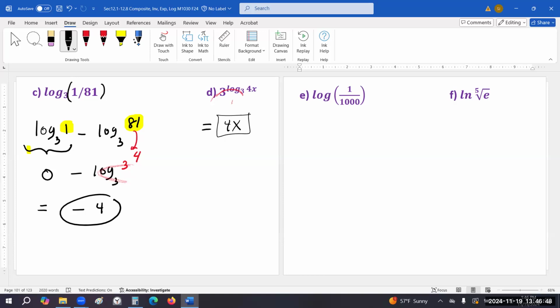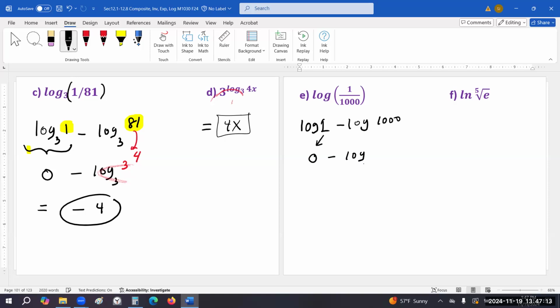So this first one, you can do 2 ways. If you want to follow the left one, it's log 1 minus log 1000. Just like the previous one, your idea is to split them. Now, anytime you have a 1 for a log, what do you have? 0.